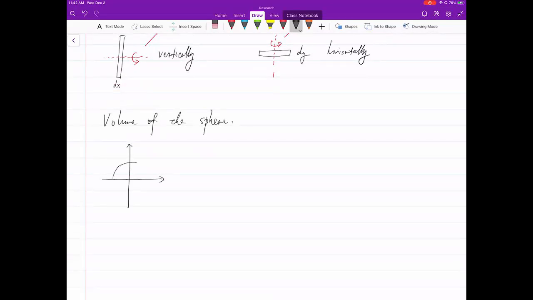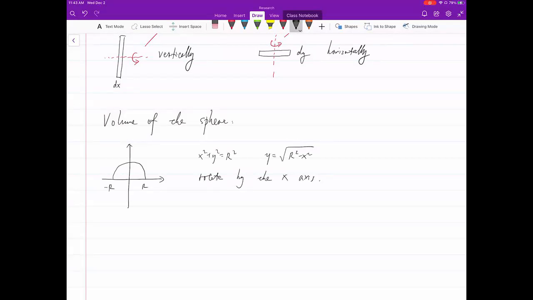You just take this one, which is x squared plus y squared equals r squared, or more precisely, y equals the square root of r squared minus x squared, right? Take that one. Rotate with respect to the x-axis. What's the volume? That's going to be the volume of a sphere once you finish.